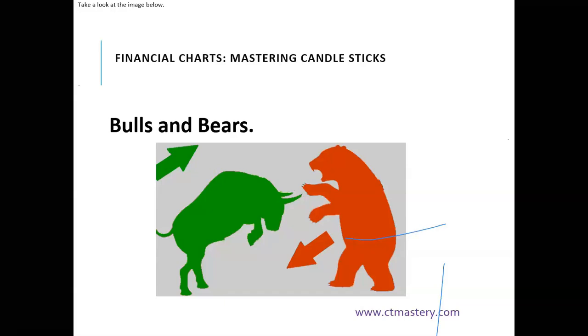So when I use bulls or buyers, bears or sellers, I can use them interchangeably. Just know that the bulls are the buyers, the bears are the sellers. When I talk about the bulls, I'm talking about buying activity going on and the price going up. When I talk about the bears, I'm talking about the sellers, that selling activity is going on and the price is likely to fall.